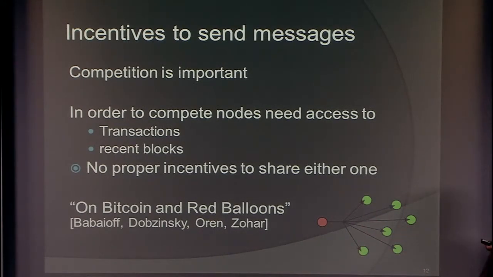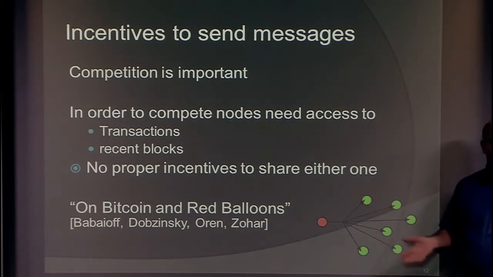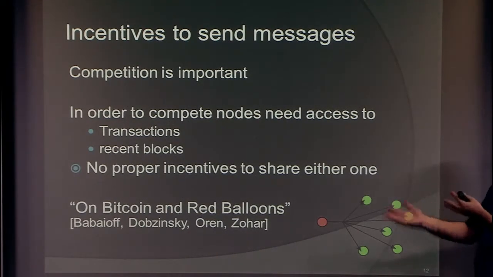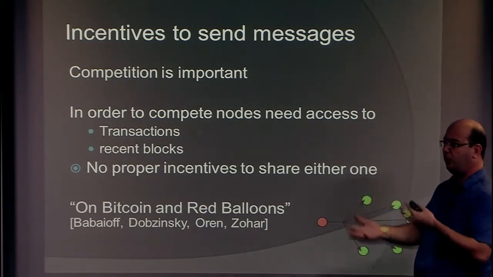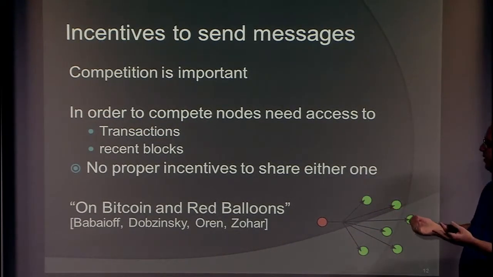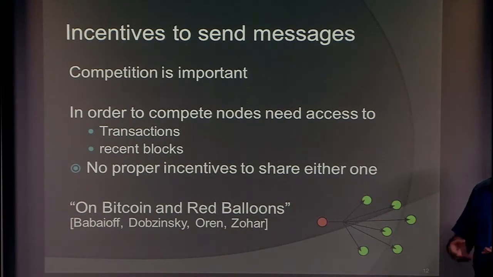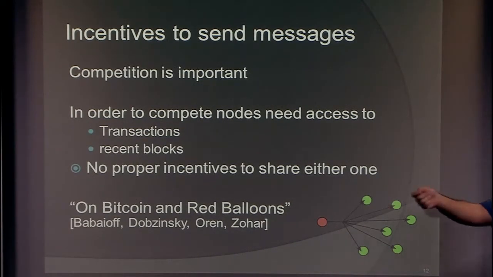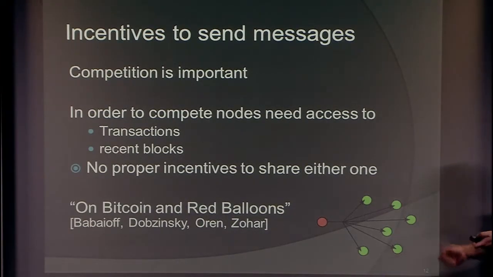One of the first things to notice is that when you want all the nodes to act as a bank, you have to get the transaction requests propagated to everyone so that everyone can approve transactions and everybody can compete for the fees. This is a very important part of the Bitcoin mechanism. If you want competition, you have to have them all on equal footing. So Bitcoin includes an underlying layer that distributes transactions and blocks to everyone.